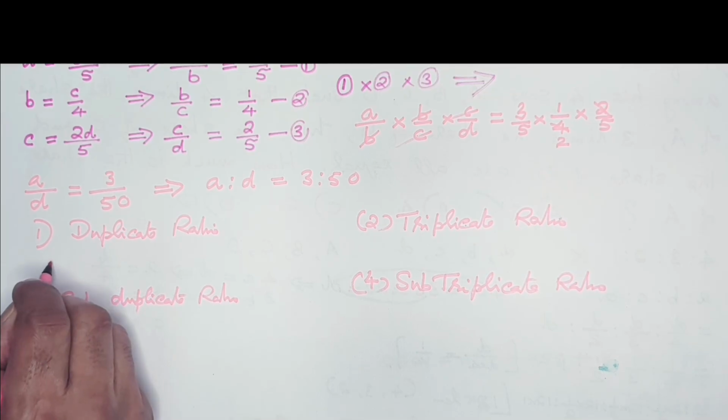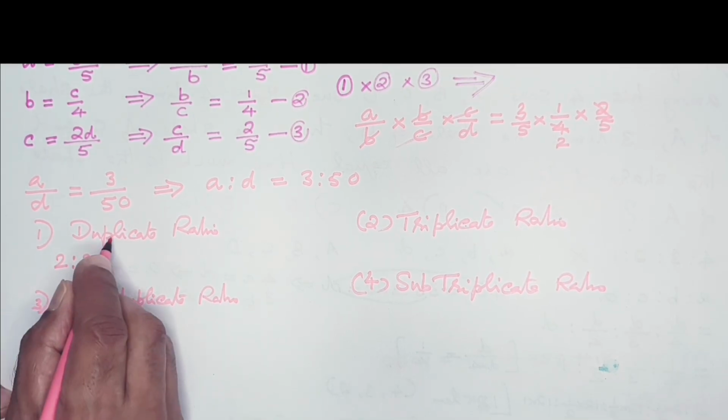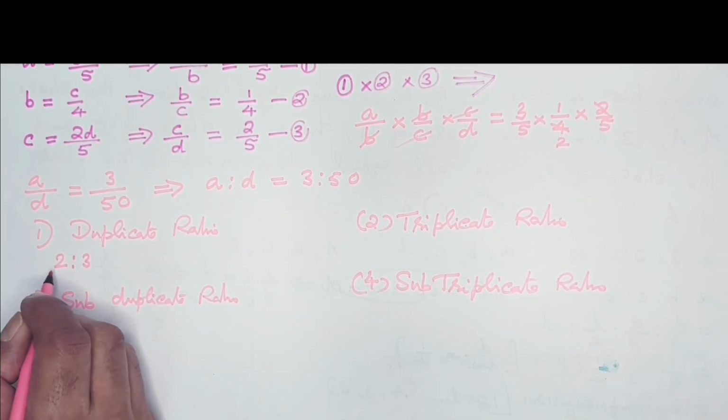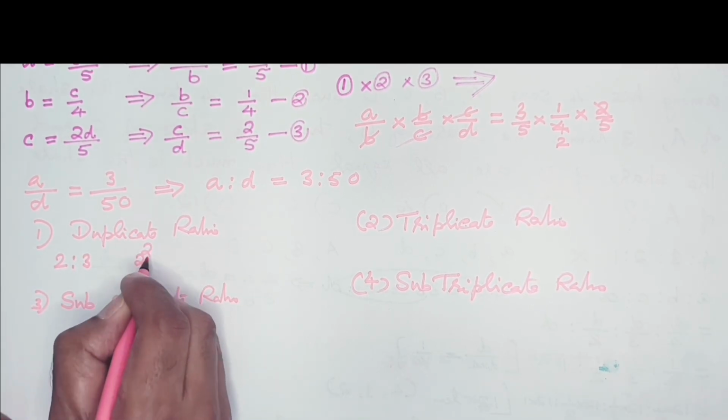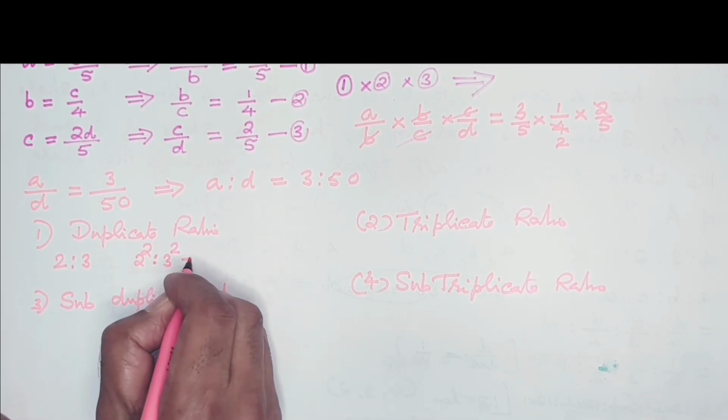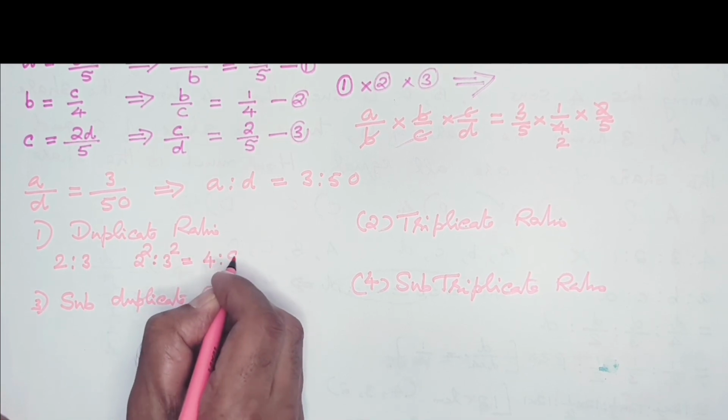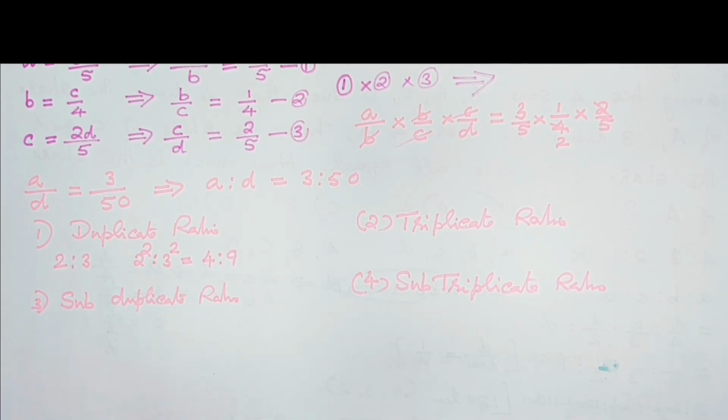If you take a ratio like 2 is to 3, duplicate ratio means you just square each of the terms. That will be 2 square, 3 square, which is same as 4 is to 9. That's all. Given a ratio, to find its duplicate ratio, just square both the terms.